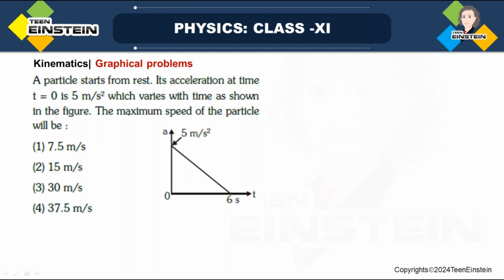You can see the acceleration is actually changing. Let me write acceleration. We know acceleration is dv/dt, right? Now I have to find out the maximum speed. So dv is equal to a into dt.